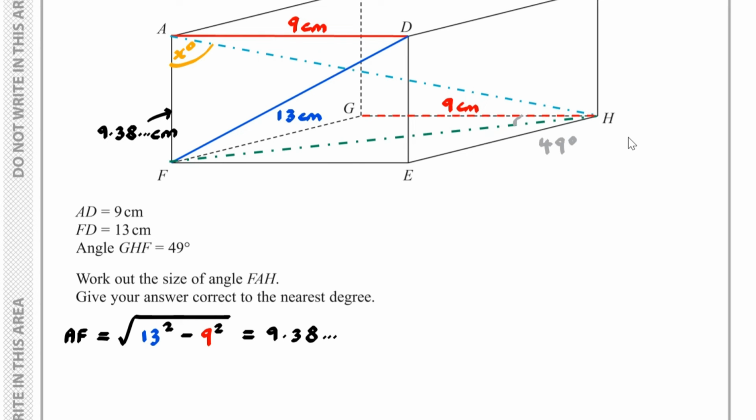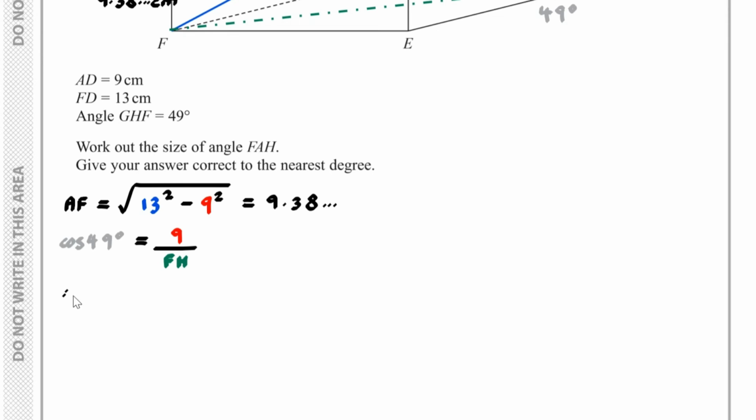We can recognize that the cosine of 49 degrees is equal to the adjacent, which is 9, divided by the hypotenuse, which is FH, which is what we're finding.